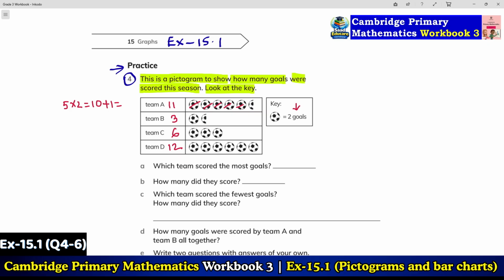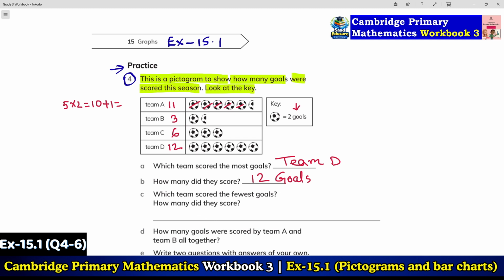So which team scored the most goals? This is a very simple thing. Team D. How many did they score? They scored 12 goals. Which team scored the fewest goals? How many did they score?